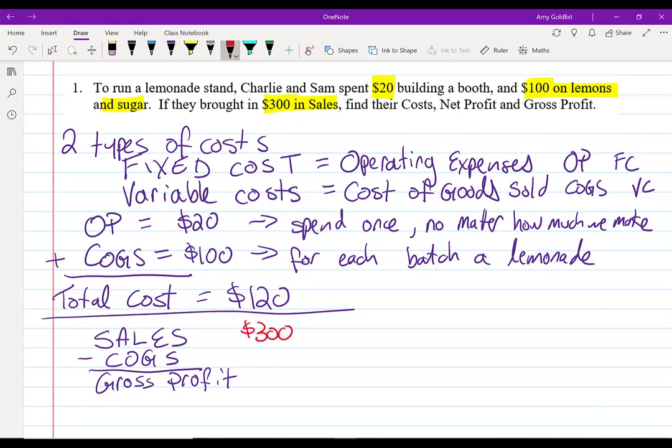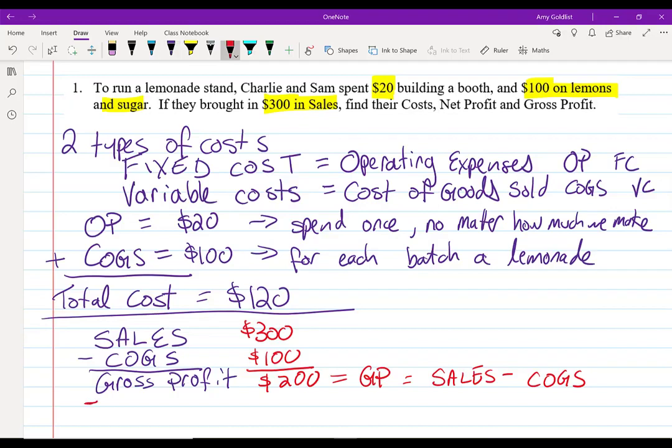So in this case, we have $300 in sales minus $100, which gives us a gross profit of $200. That's the gross profit, and it is sales minus cost of goods sold.